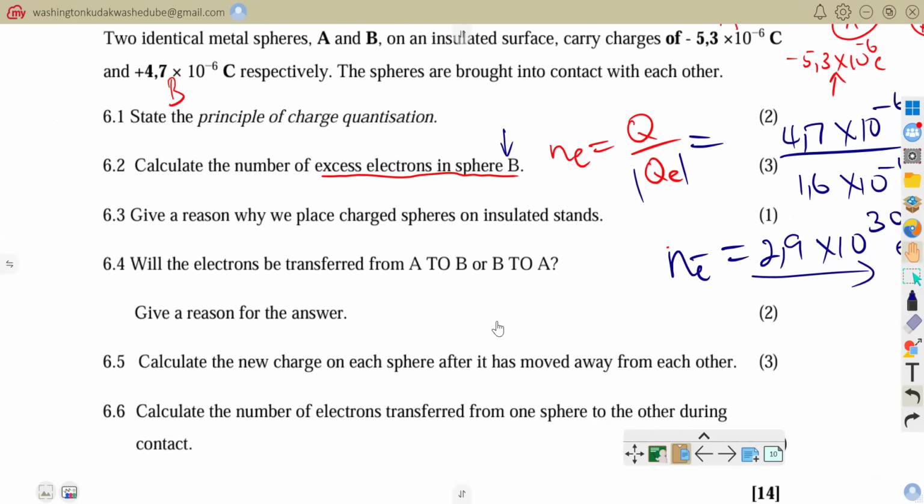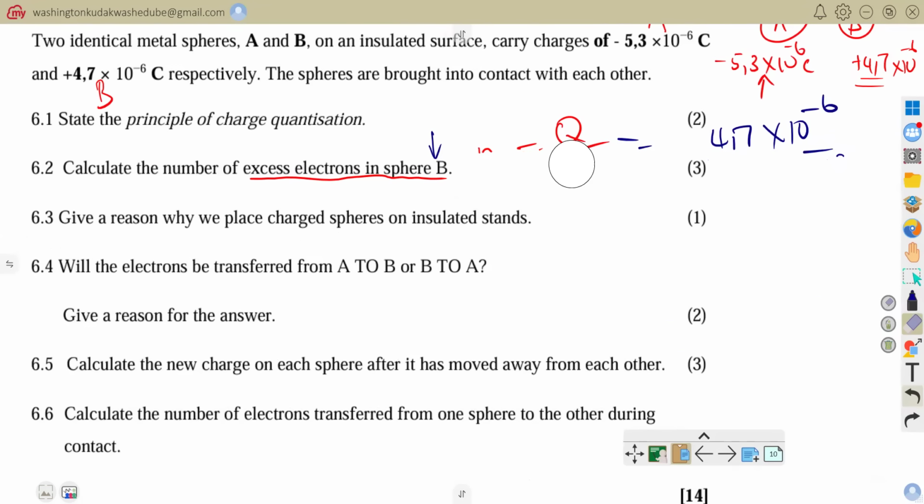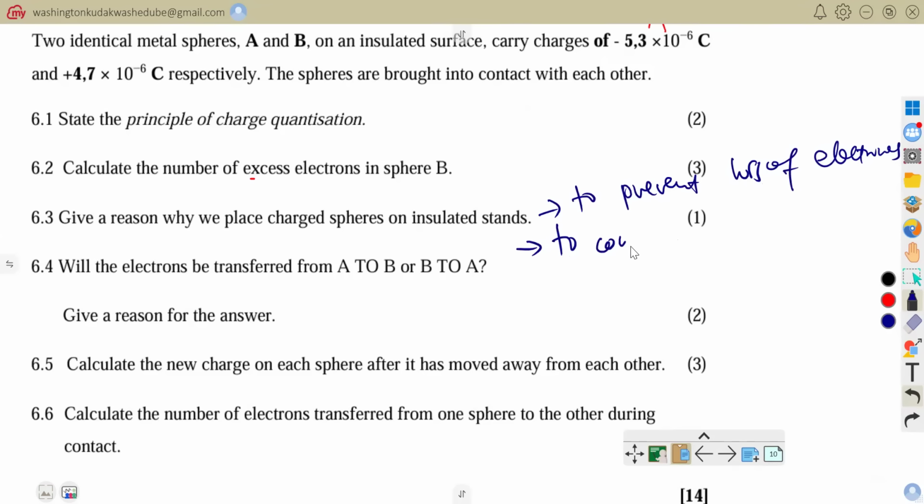Give a reason why we place charged spheres on insulated stands. We want to preserve or conserve our charge. We place them on insulated stands because insulators do not transfer charges. So we want to prevent the loss of electrons, or you can say to conserve our charge.